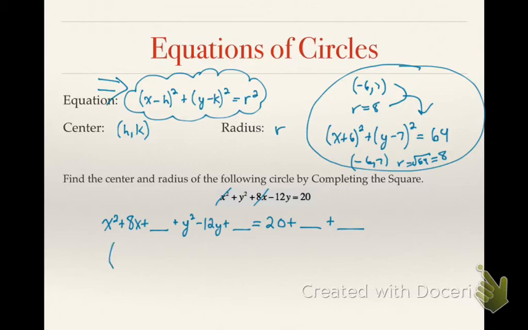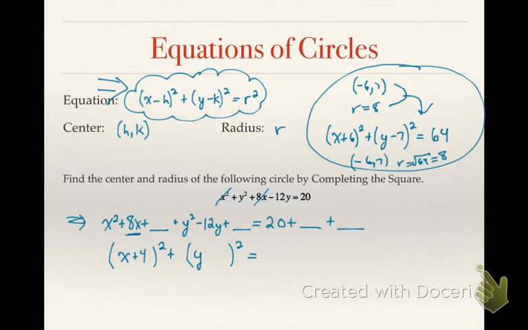Now I'm going to go ahead and write it into the perfect squared form, because I think going from here into the parentheses and back to where you are in this line right here will help you figure out what we're going to add to each part. So inside the parentheses it's always going to be half of the coefficient in front of the variable, so it's going to be 4 for the x's.